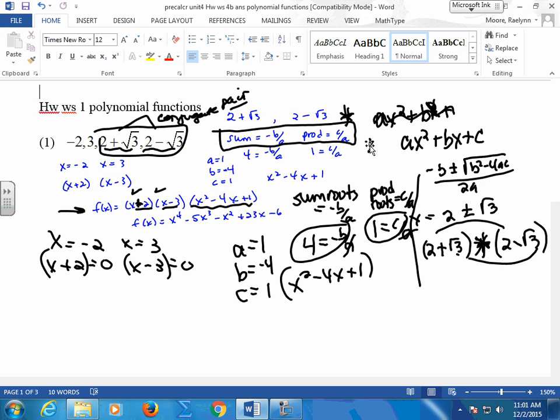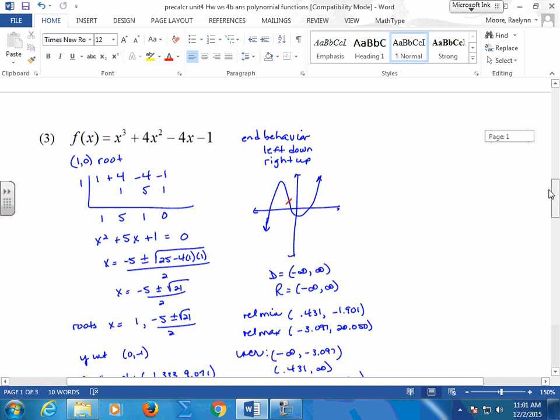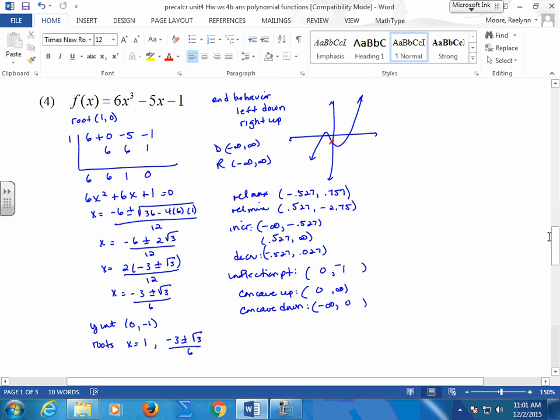Okay. Then I gave you the last two. We did number 3, so I gave you 4 and 5. Now, 4 has the highest exponent of 3. The coefficient is positive. So your end behavior says down on the left, up on the right.